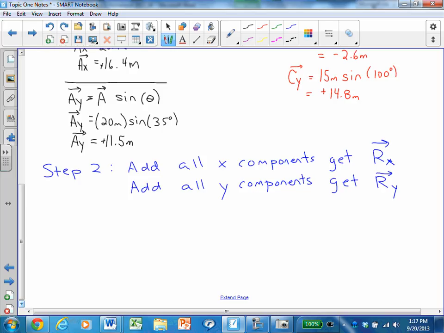Okay, now all the x are in the same direction, so they just add up: this plus that plus or minus that.